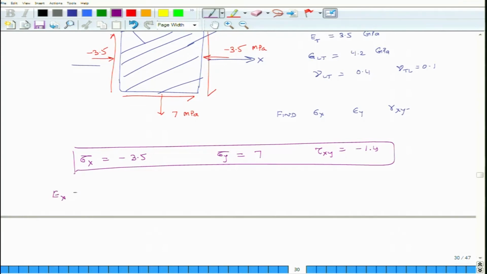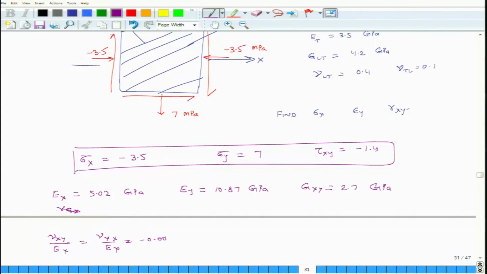We find that Ex is equal to 5.02 GPa, Ey is equal to 10.87 GPa, Gxy equals 2.7 GPa, nu xy divided by Ex is equal to nu yx by Ey, and that comes out to be minus 0.00446, mx is equal to 1.8333, my is equal to 0.765.